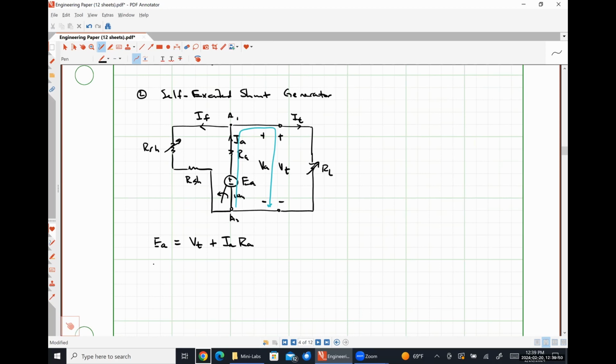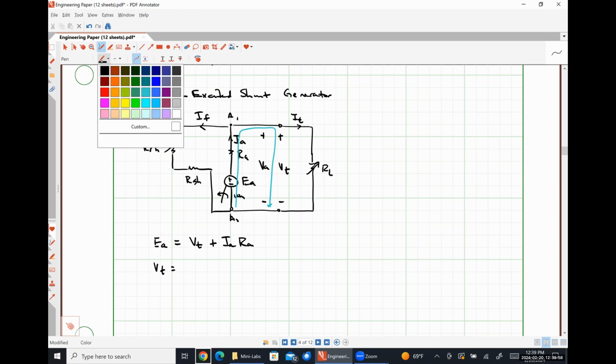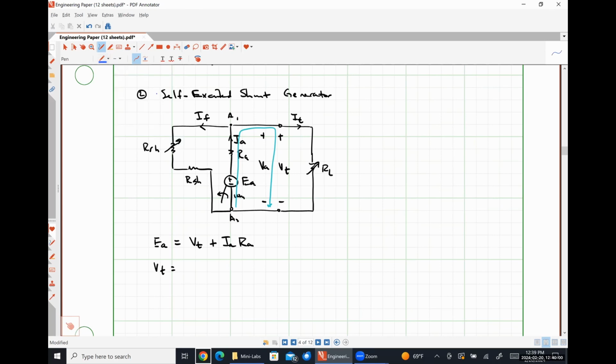Well, our terminal voltage VT can be expressed by writing a KVL equation around this path.